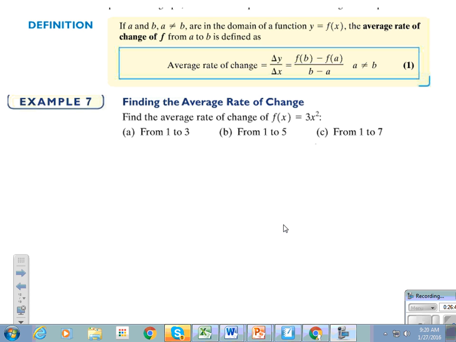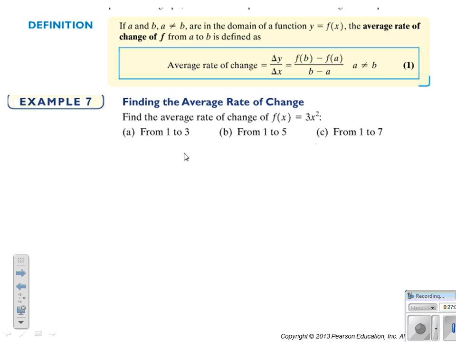So we are going to evaluate the average rate of change for our function f of x equals 3x squared. And the first interval we're going to do it from is from 1 to 3. So a is going to be 1 and b is going to be 3.